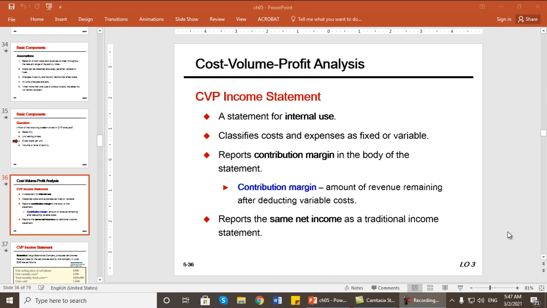Managerial Accounting, Chapter 5: Cost Value Profit Analysis. Cost Value Profit Income Statement. We will prepare the Cost Value Profit Income Statement. As you know, you studied the income statement in financial accounting and in intermediate accounting, but this cost value and profit income statement is for internal use.